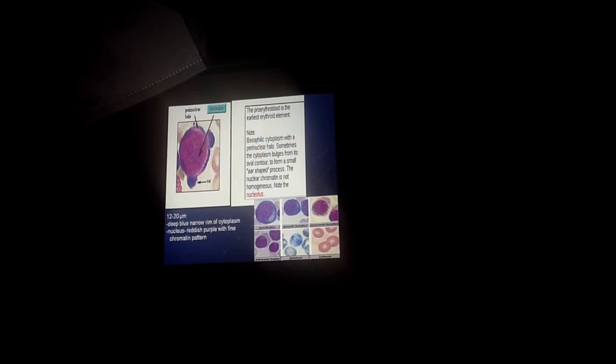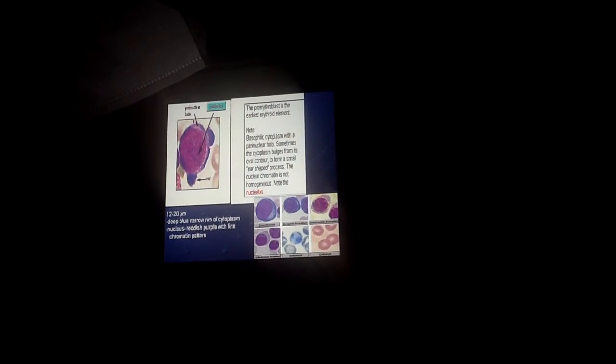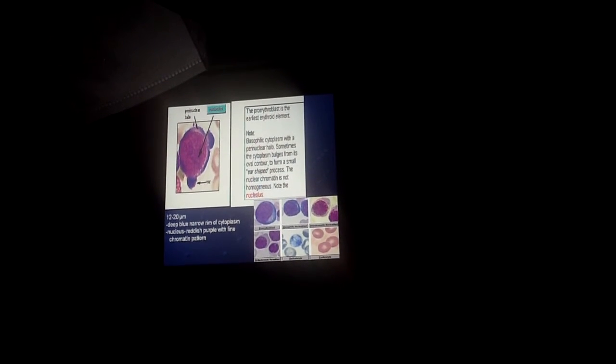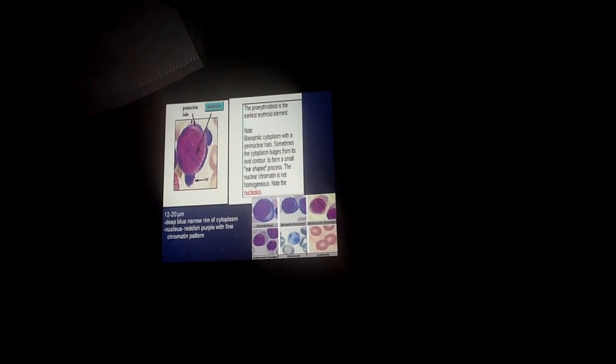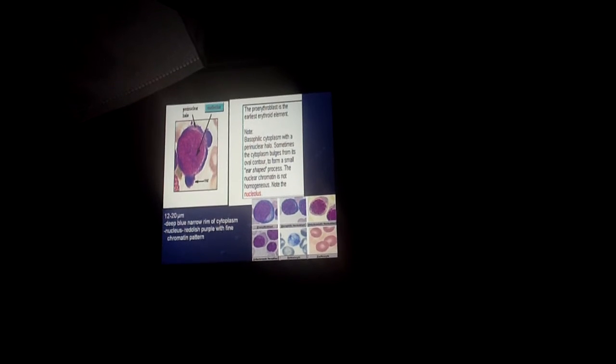So, wala pang explanation bakit nagkaganyan, bakit merong ear-like protrusion ng ibang proerythroblast but not all proerythroblast. Pero pag may makita kayo ng ear-like protrusion, parang Mickey Mouse appearance, and then very dark ang cytoplasm with perinuclear halo, yun na ang pronormoblast.